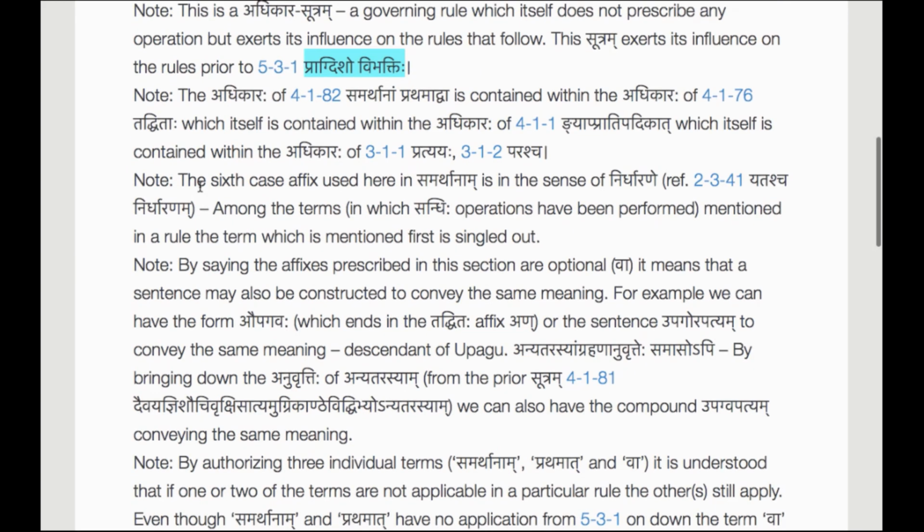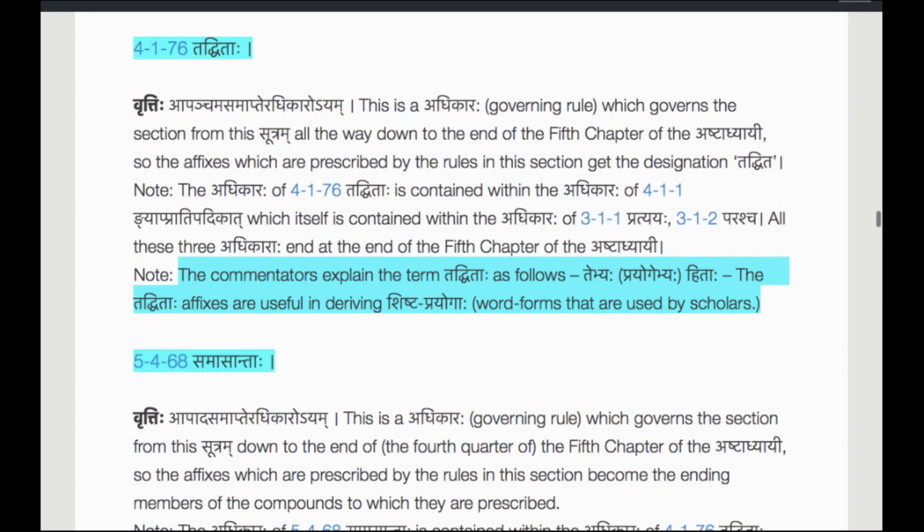The commentators tell us that the Shashthi Vibhaktihi used in the form Samarthanam in this Sutram 4.1.82 is in the sense of Nirdharane, which of course we know is as per the Sutram 2.3.41, Yatashcha Nirdharanam.